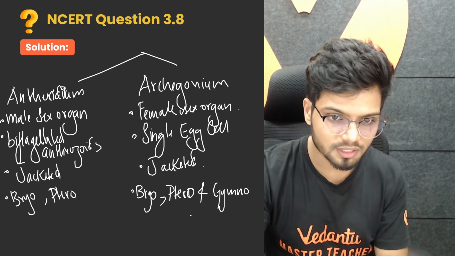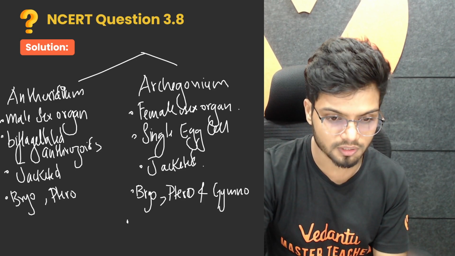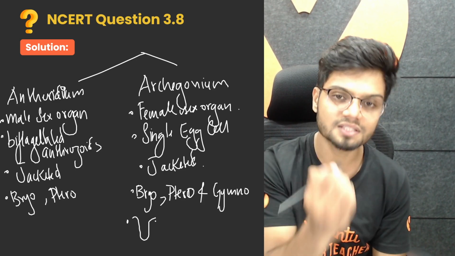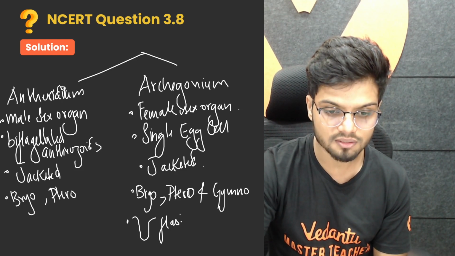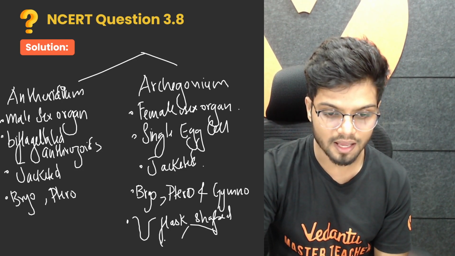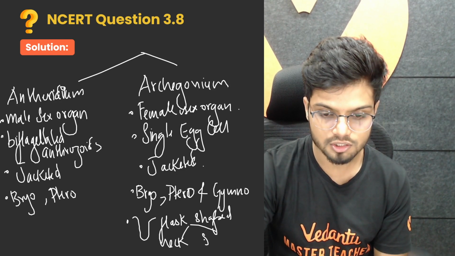Now, one more thing about archegonium is that it is a flask-shaped structure, which has two parts, the neck as well as the swollen venter.